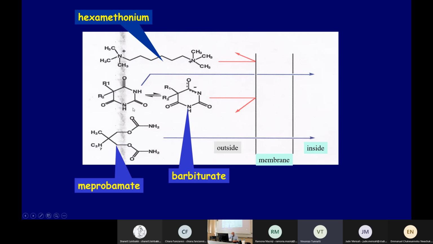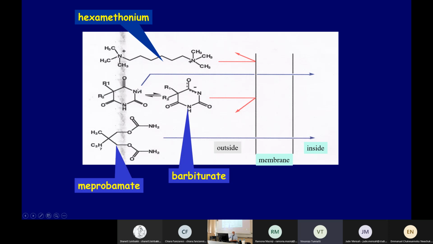In the middle, there is the most complex example, a barbiturate, an old molecule. We have already described their activities. But if you see, this molecule can be present in two different forms outside the cell at pH 7.2, more or less. An unionized form, no charge, and an ionized form.